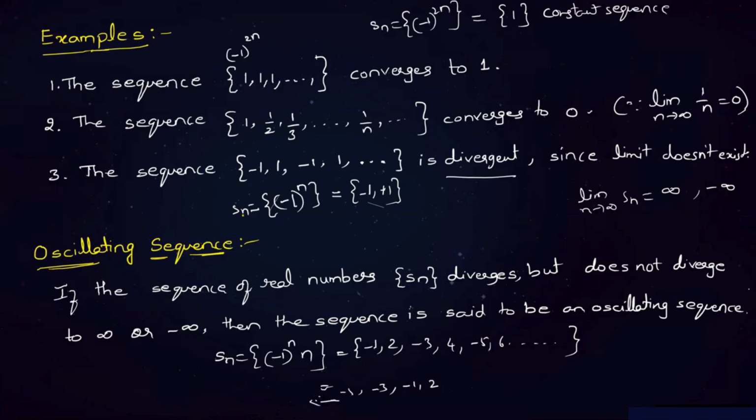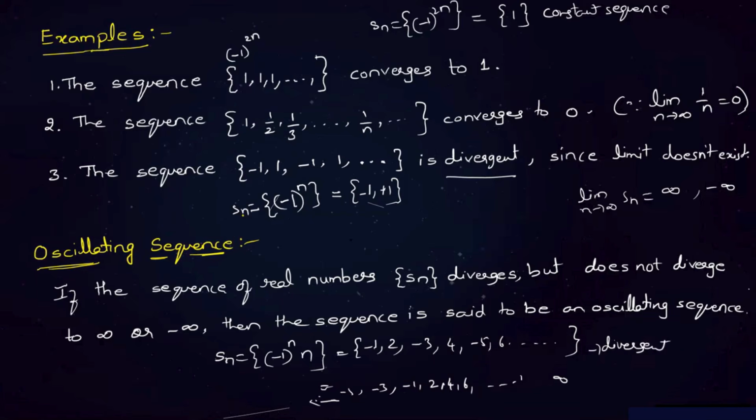On the other side, if you see 2, then 4, 6, you'll get all the numbers, and all these are going towards plus infinity, right? So now this sequence has numbers which are going in both directions. I mean, it is going to both plus infinity as well as minus infinity, right? Then also we say this sequence is divergent. I cannot say this is oscillatory.